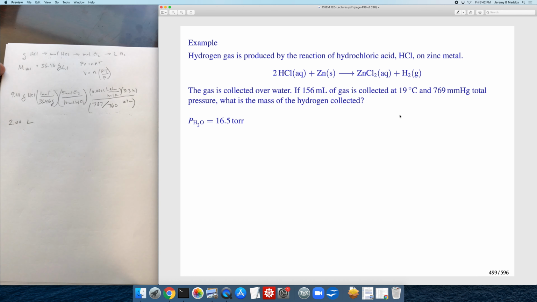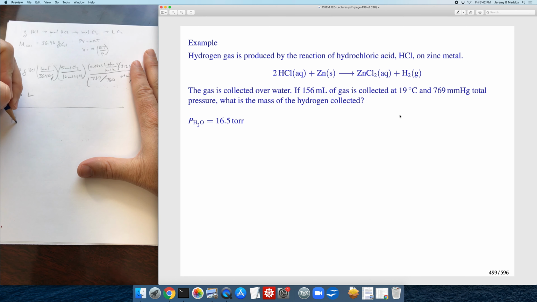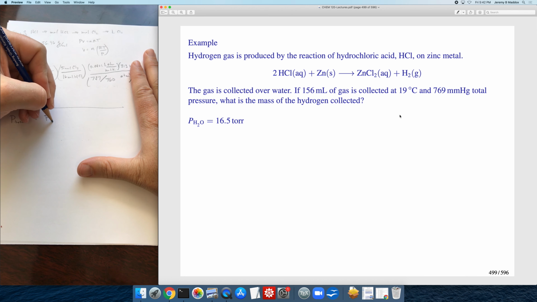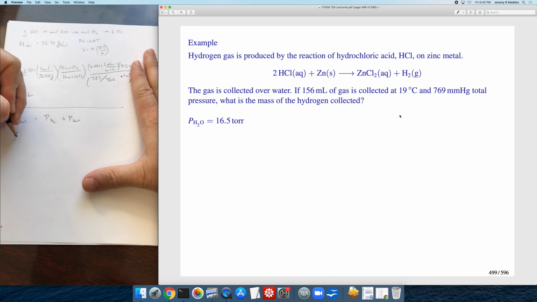Well, we need to first calculate the partial pressure of the hydrogen. In this problem, the total pressure that's reported is the pressure of the hydrogen plus the pressure of the water, and so we need to calculate that pressure first.